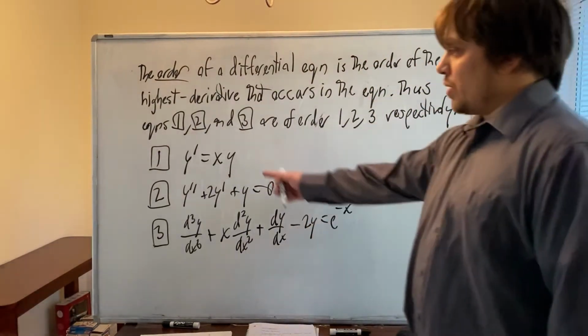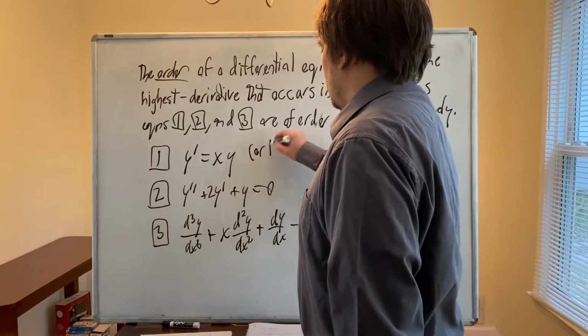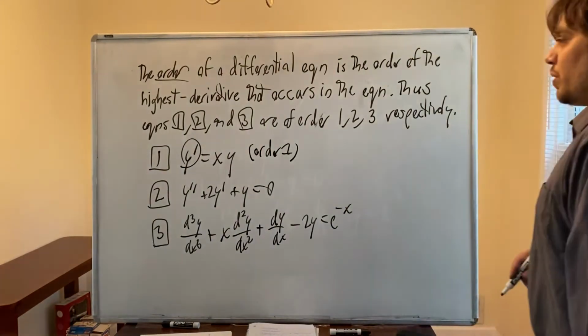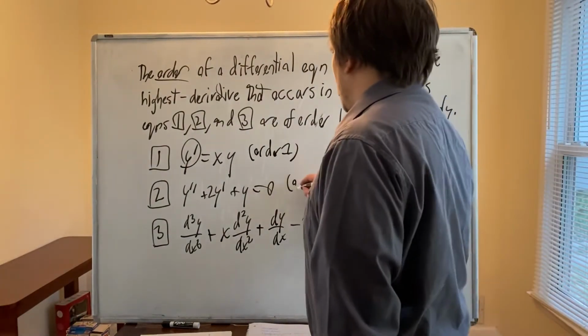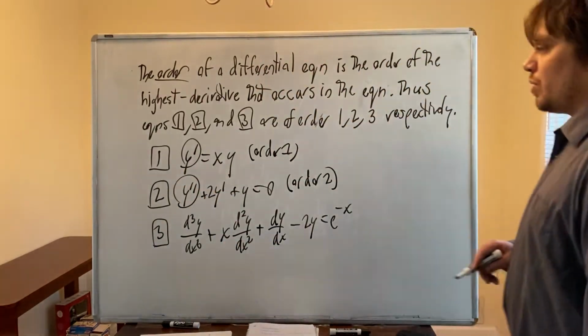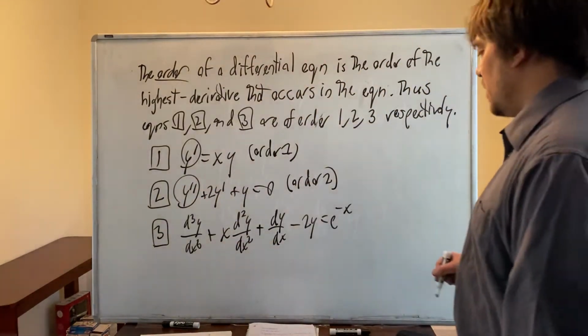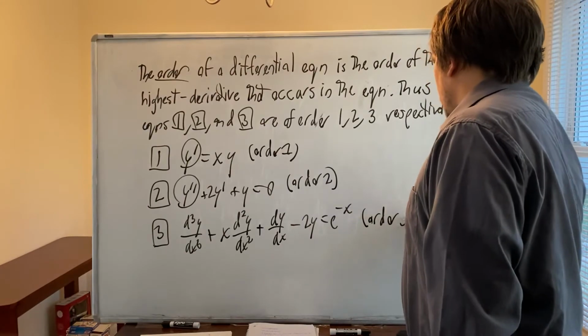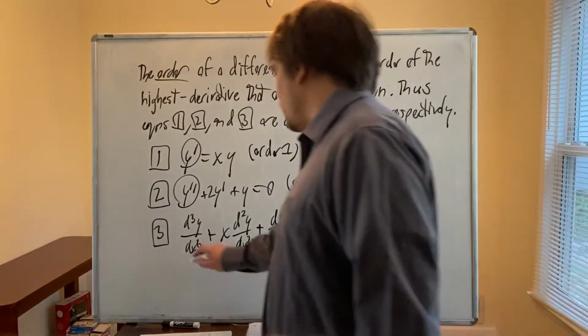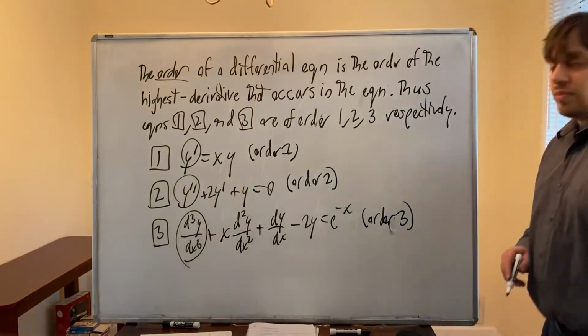And so this is order 1, because the highest derivative of the function is the first derivative. This is an order 2 differential equation, because the highest order of the derivative of y is the second derivative. And this is an order 3 differential equation, because the highest order of the derivative of y in this equation is the third.